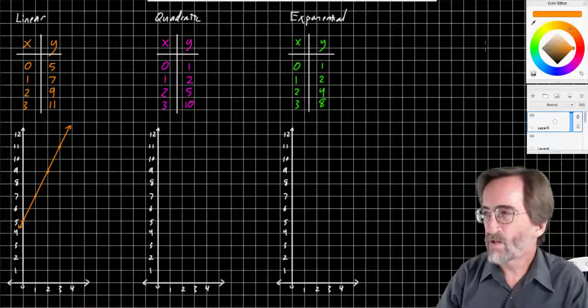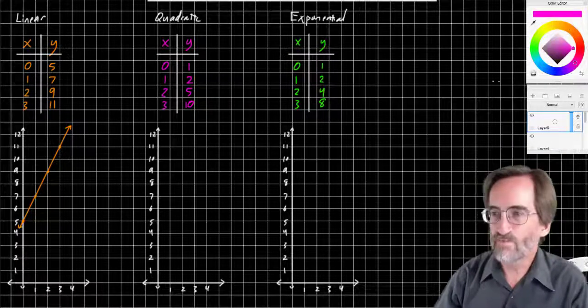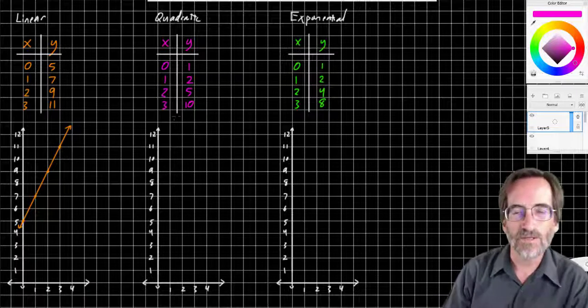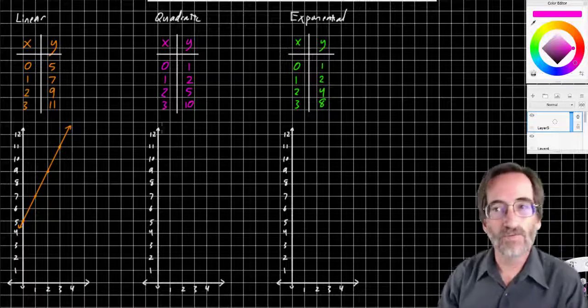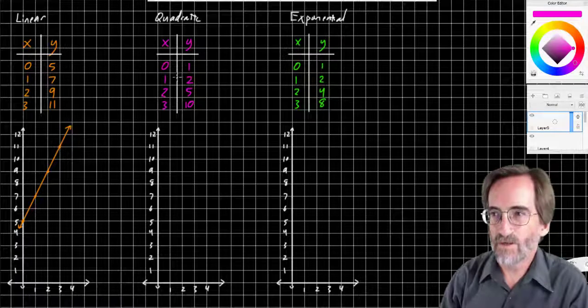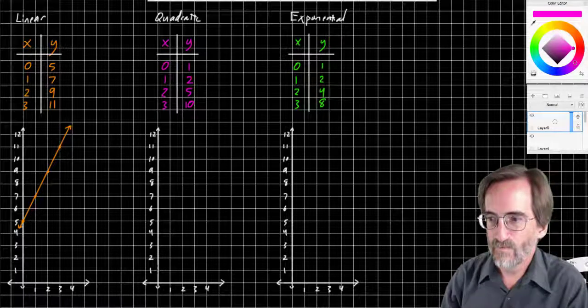The quadratic we've already explored in this unit because that's what this unit is predominantly about. It forms a shape called a parabola. Let's take a look at this. 0, 1, 1, 2, 2, 5, and 3, 10.